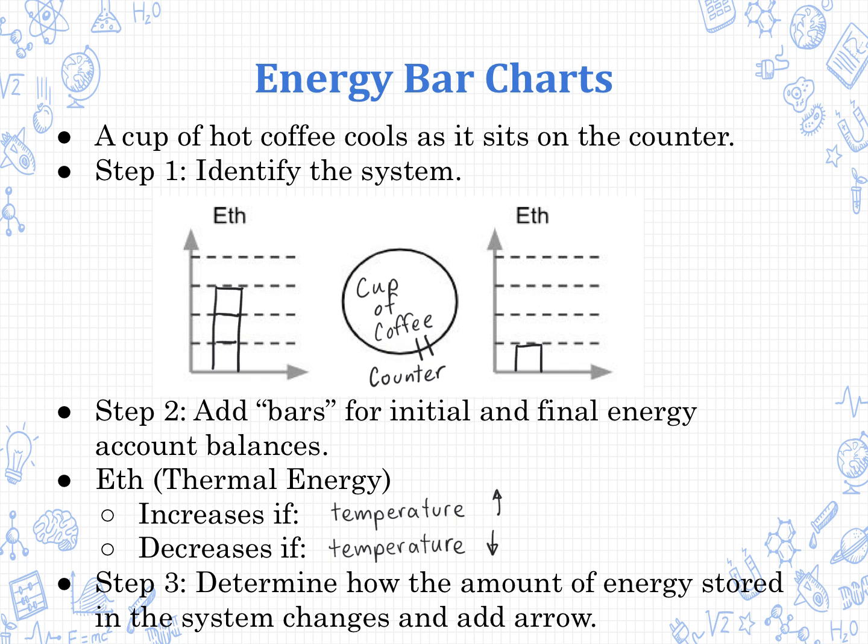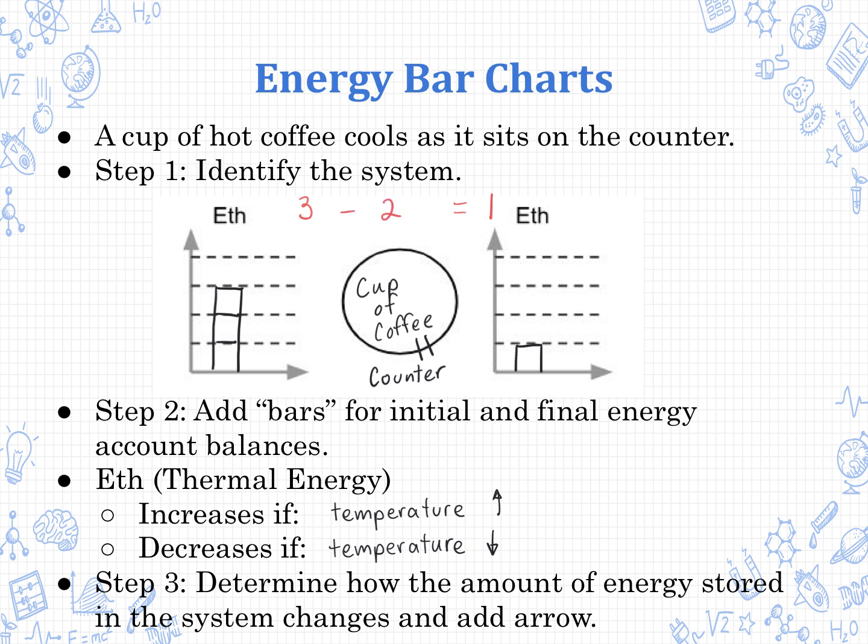So the third step is to determine how the amount of energy stored in the system changes from the beginning to the end. So we started with more energy in our system and ended with less energy in our system. The total amount of energy in the world cannot change. So here in a picture or graph form, we have 3 somehow becoming 1. And so you think about, well, how did we go from 3 to 1?